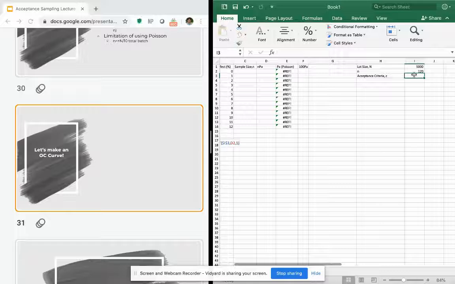So because we said 2, out of the 120 sample size, we can have a max of 2 defects. And so that means we can have 0, 1, or 2 defects in total. And our acceptance probability will look something like this.